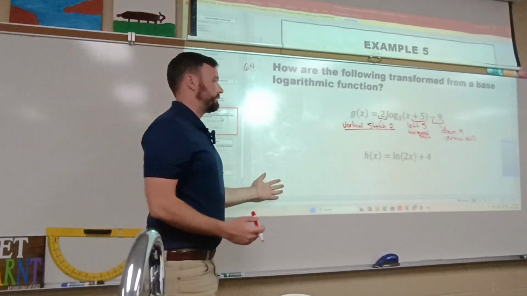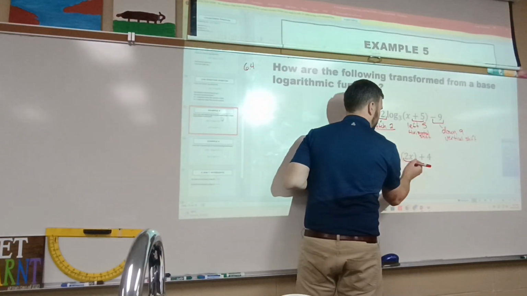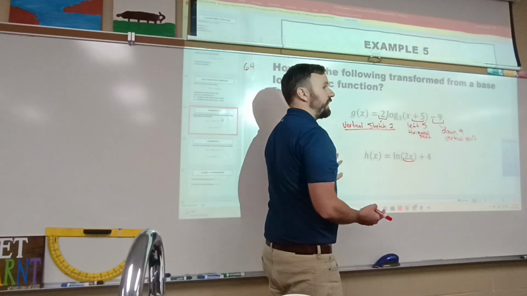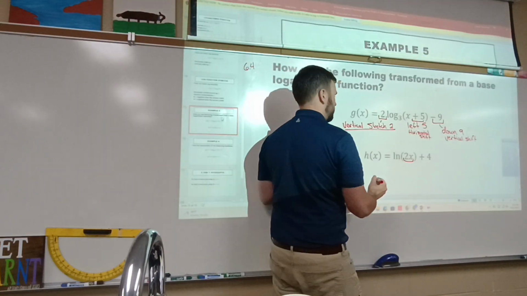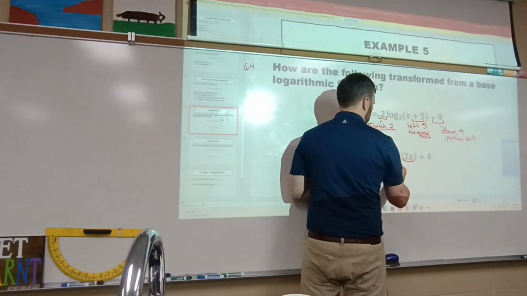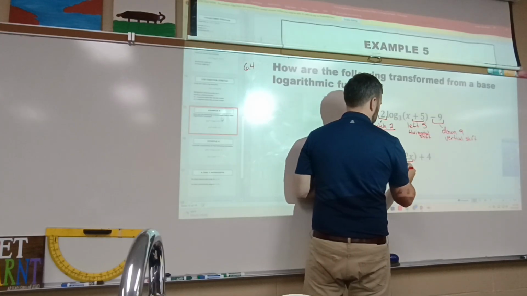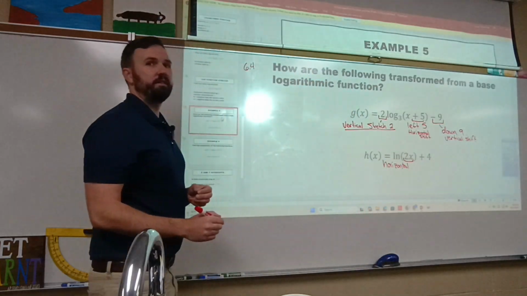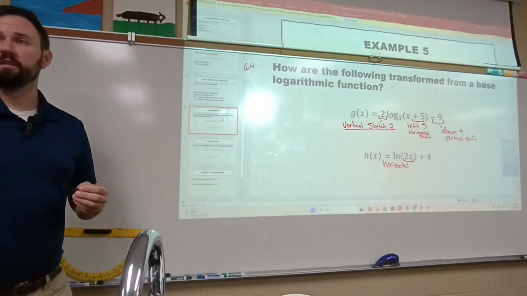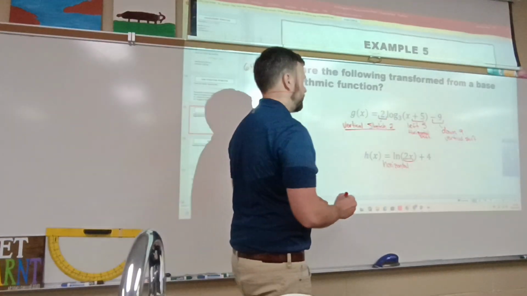All right, natural log. The 2 is on the inside. If it's on the inside, it's horizontal. Now, is it going to be a stretch or a shrink? That one's going to be a shrink, actually.